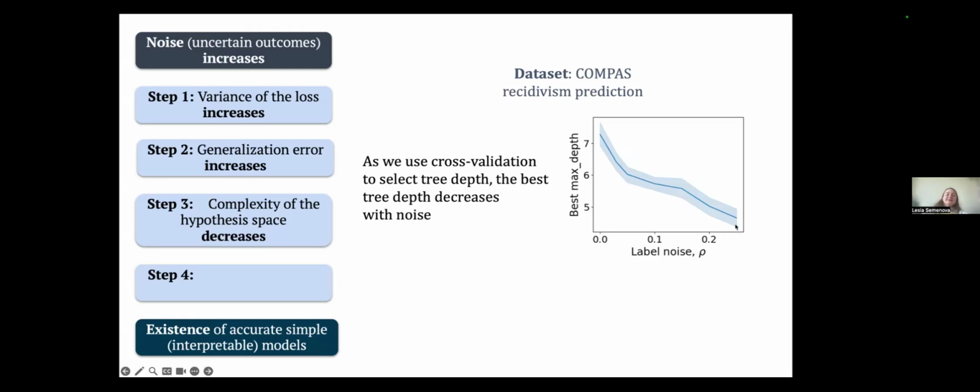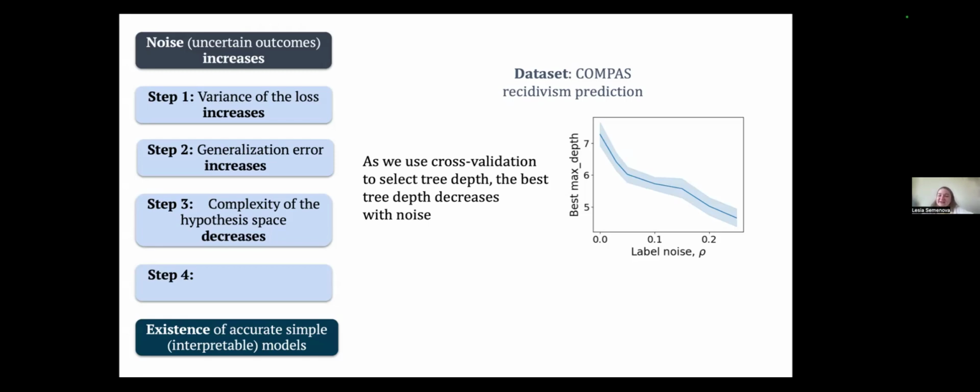This experiment is intended to model the data scientist who works on this problem and tries to choose the best hypothesis space. So it gives us an intuition that if we come from more noisy data generation processes, we will prefer shorter decision trees in this case, or simpler hypothesis spaces.